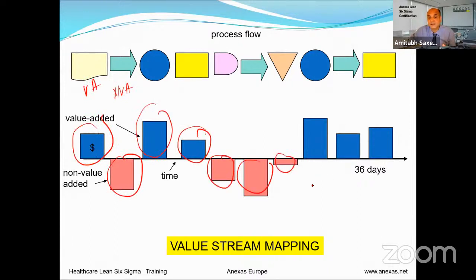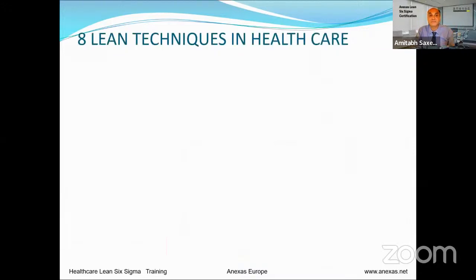You will find sometimes 60 to 70% of the time is spent in non-value added activities like waiting time, reworking. Anything starting with rework, review, they are all waste. And value stream mapping enables that.